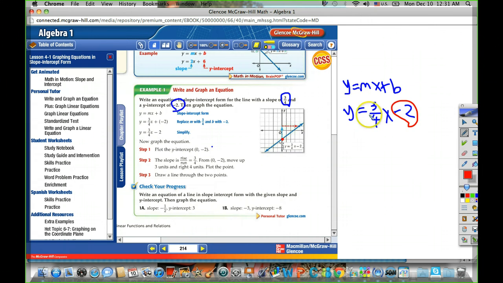And from that point, you're going to rise 3 and run 4. Remember, slope is always rise over run. So you rise 3, 1, 2, 3, run 4, 1, 2, 3, 4, and there's your other point, and you're just going to connect the 2 points and make it into a nice line. Remember, linear equation has the word line in it, so it means a straight line.